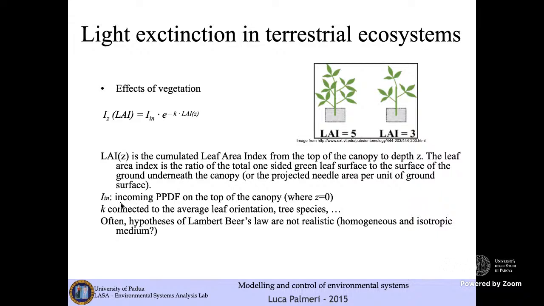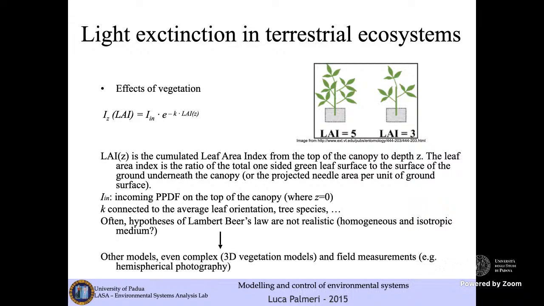Often the hypotheses of a Lambert-Beer model in this case are not realistic. I remind you that these hypotheses are those of homogeneous and isotropic media. This is not always possible. There are, of course, other models that are more complex, even complex 3D vegetation models, or field measurements by hemispherical photography may be employed. But in this case, the situation is much more complex, so the type of model you are going to use will be much more complicated.